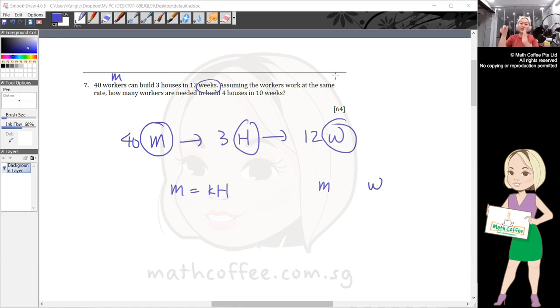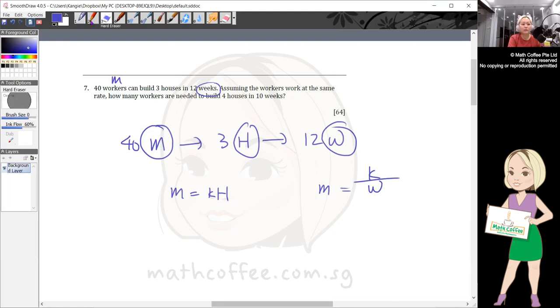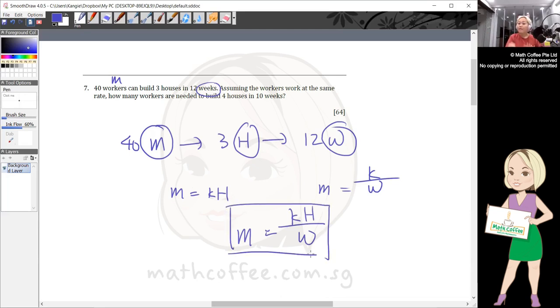Yes, good. In this case, it is inverse, so it's K over W. Now I can combine the three letters. So now it becomes M equals KH over W. And this is my formula.